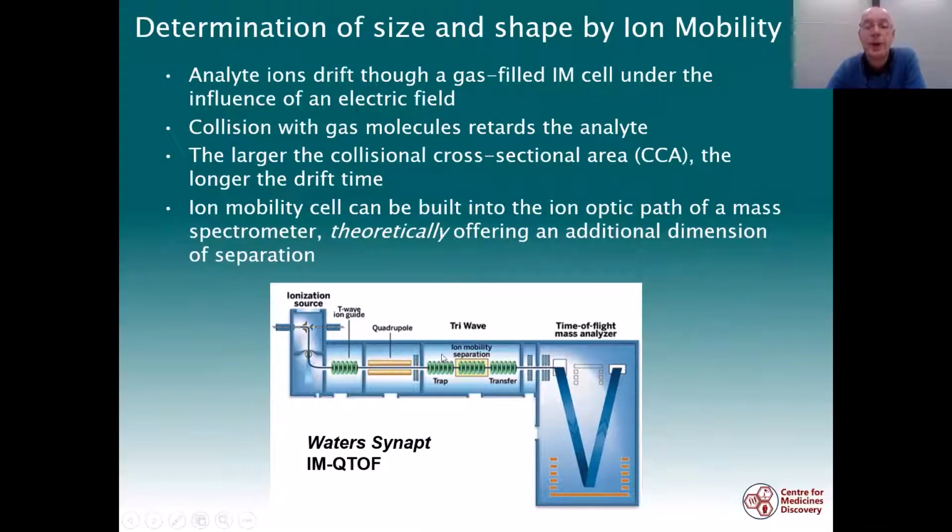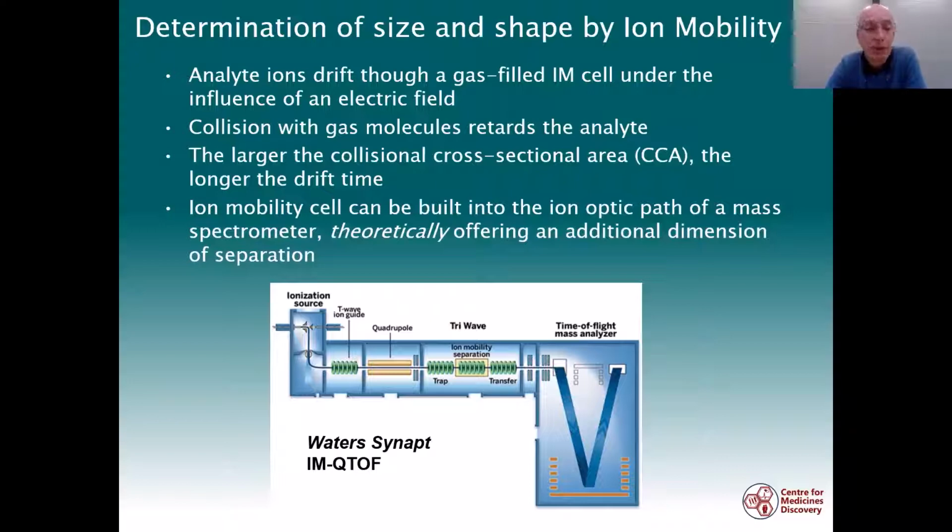Here it is, and this is filled with a low pressure gas, and our ions will drift through this cell under the influence of an electrical field. At low velocity they will collide with the gas molecules in this cell, and they will be retarded. And the more gas molecules they collide with, the slower they will be, and the longer it will take them to traverse this field.